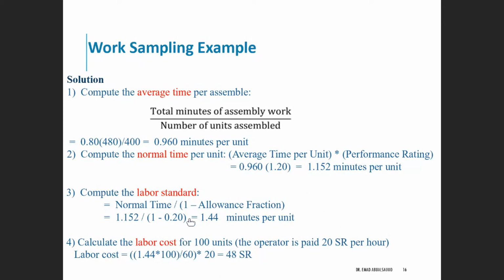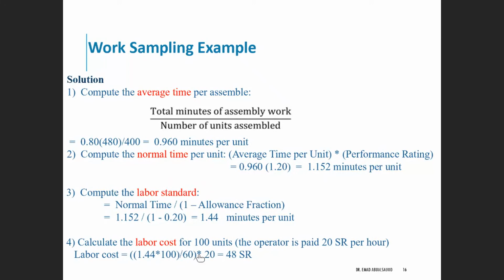So the 1.44, the labor standard, if he's going to produce 100 units, we divide it over 60 to deal with hours instead of minutes, because the rate was given as 20 riyal per hour. That's why we divide it over 60.